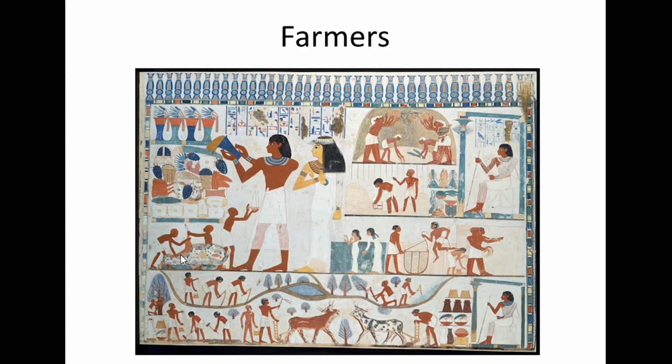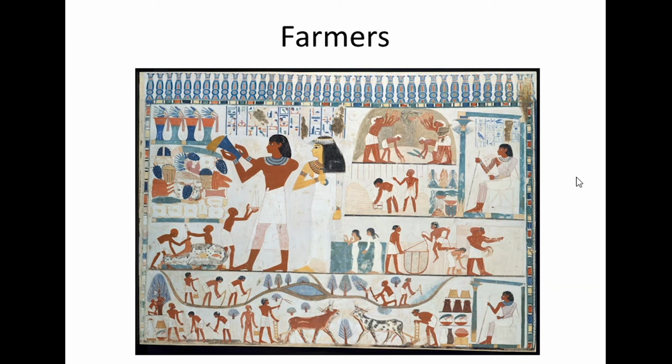And you see a big one being lifted out there. The majority of the population of ancient Egypt were farmers, the vast majority. And they also provided the labour that helped the skilled workers in the building of cities and monuments and tombs.